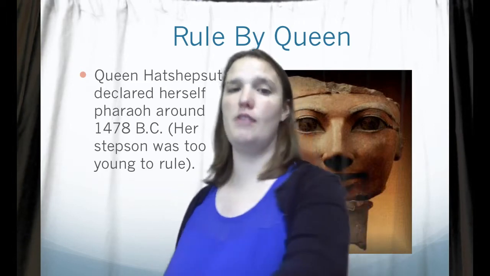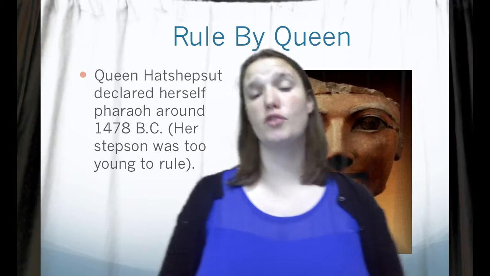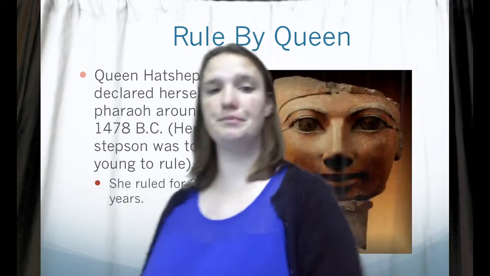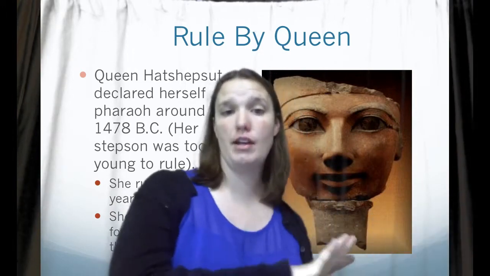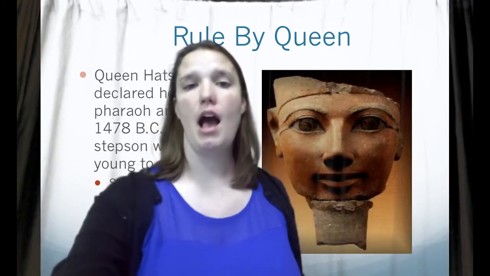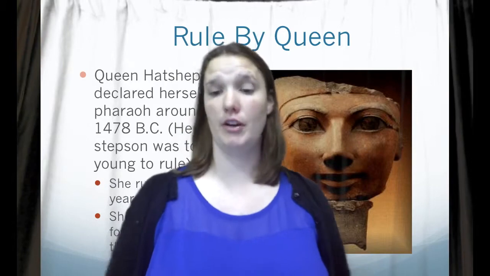She declares herself queen. She rules for 22 years. And she was more of a trader than a warrior, which was actually extremely good. This is her mummy. And some of my students and I are going to be working together to find out more about what actually happened to Hatshepsut.